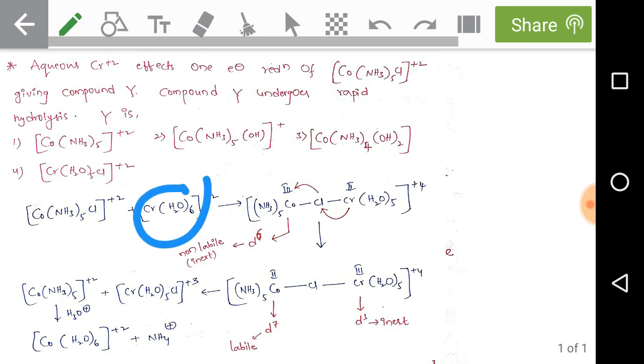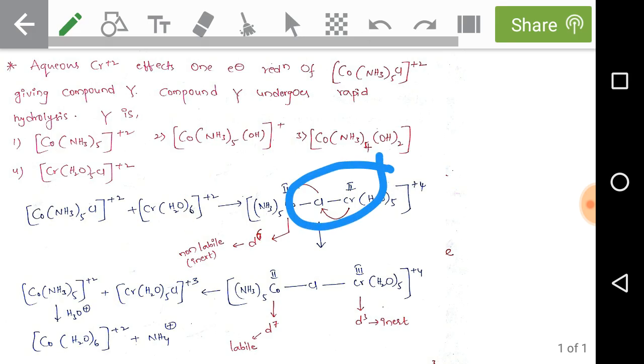Now whenever the chromium aqua complex reacts with it, there is a formation of a bridge with the chlorine. The electron from the chromium goes through the chlorine to cobalt. Here cobalt has a d6 electronic configuration and is an inert complex.